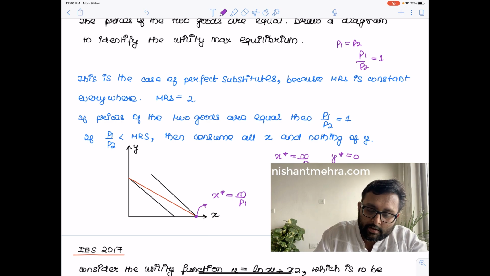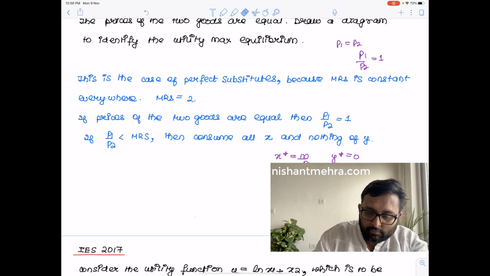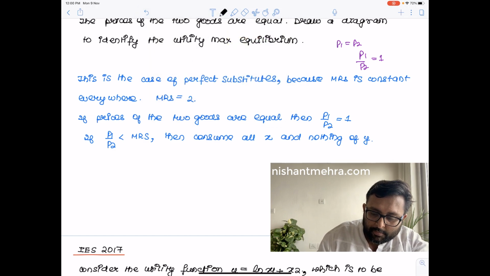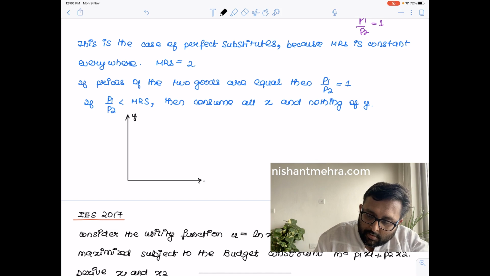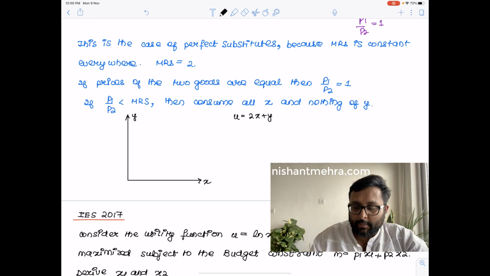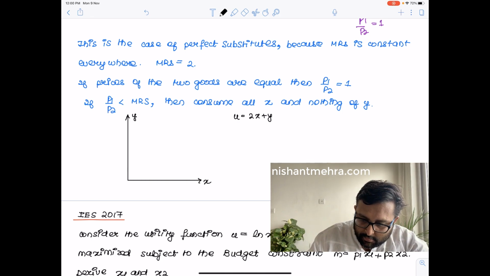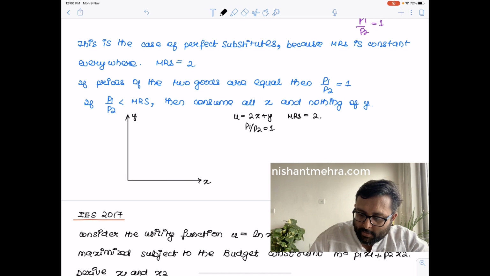Okay, let's draw that. Think about it. If the question is like this, u equals 2x plus y, its MRS is 2, and you're given that P1 by P2 is equal to 1.